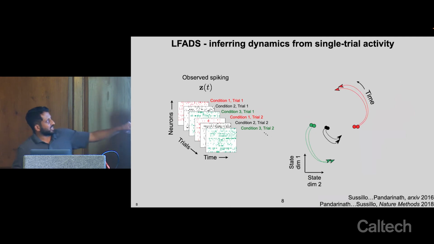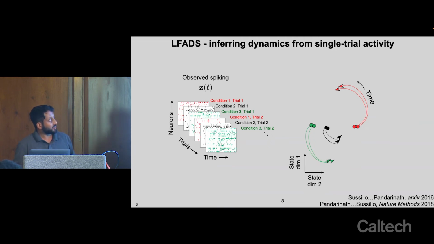Okay, so here's the basic idea. Remember that we think activity can be described by these unobserved dynamics, where you have an initial state and then you have rules to how activity evolves over time.